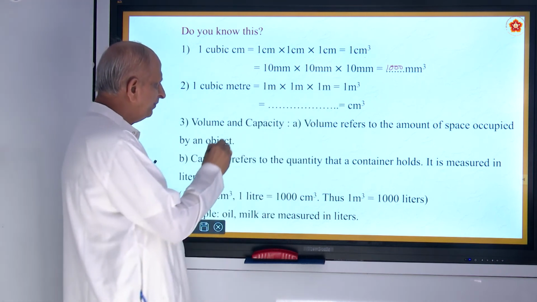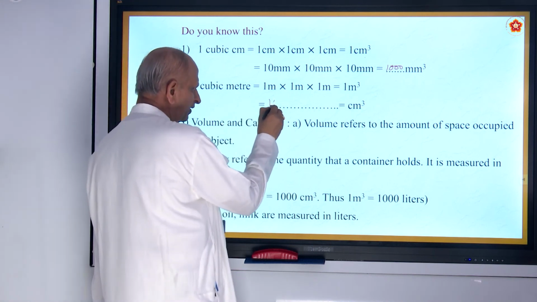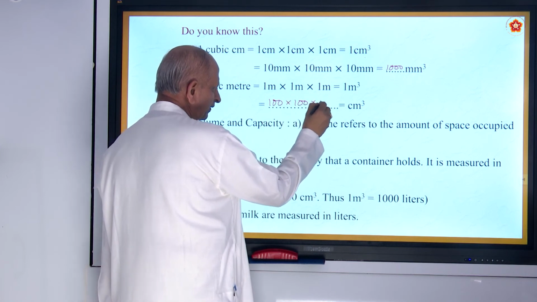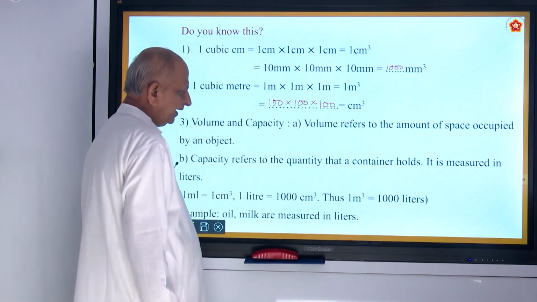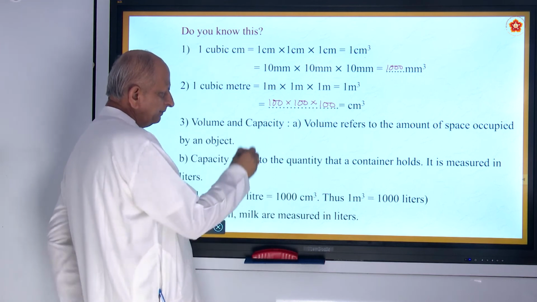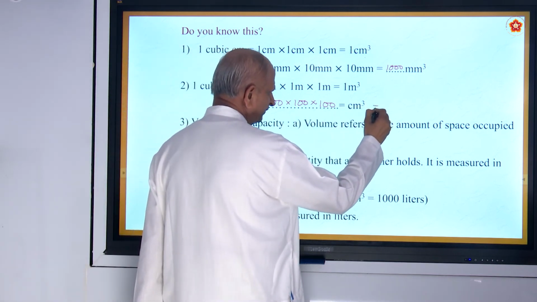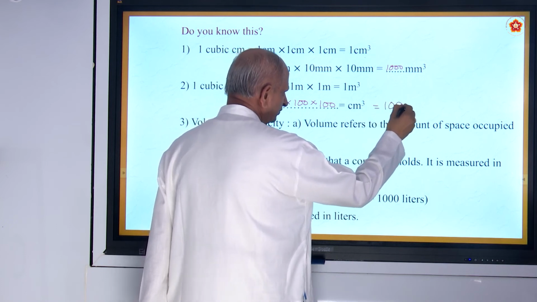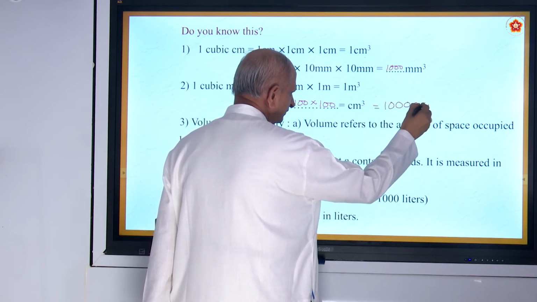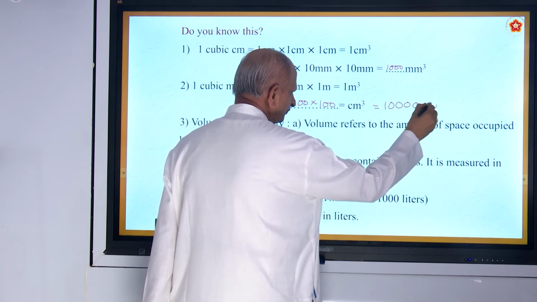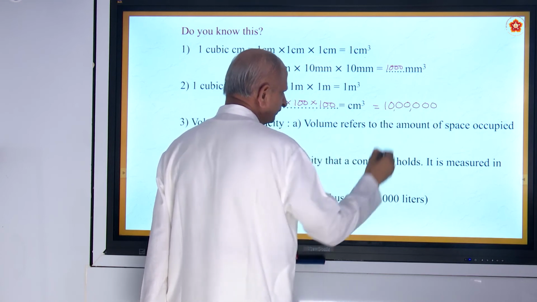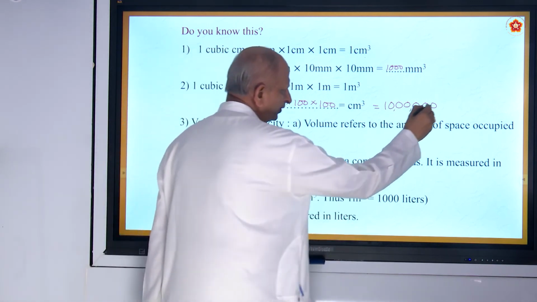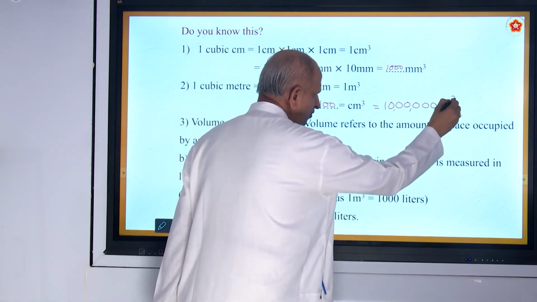So 1 meter means how many centimeters? 100 into 100 into 100. Correct? So how many it becomes? 1 followed by 6 zeros, 10 lakhs. Correct? 3 plus 3, 6 zeros. So much of centimeter cube.